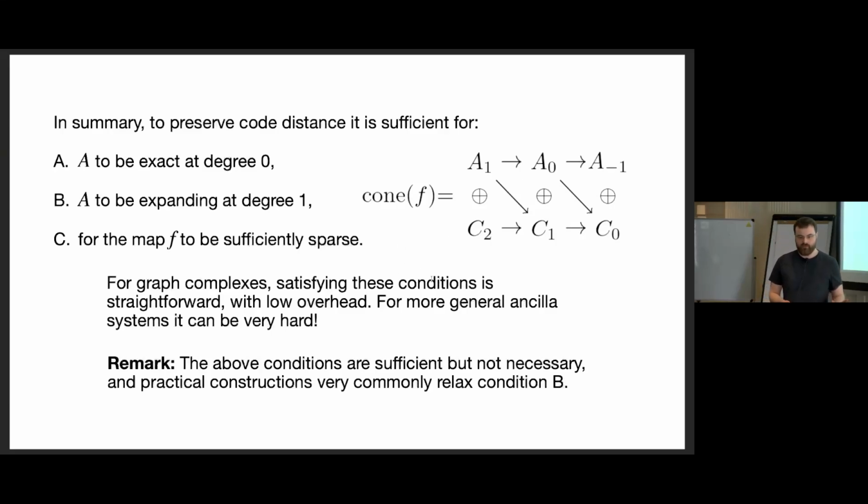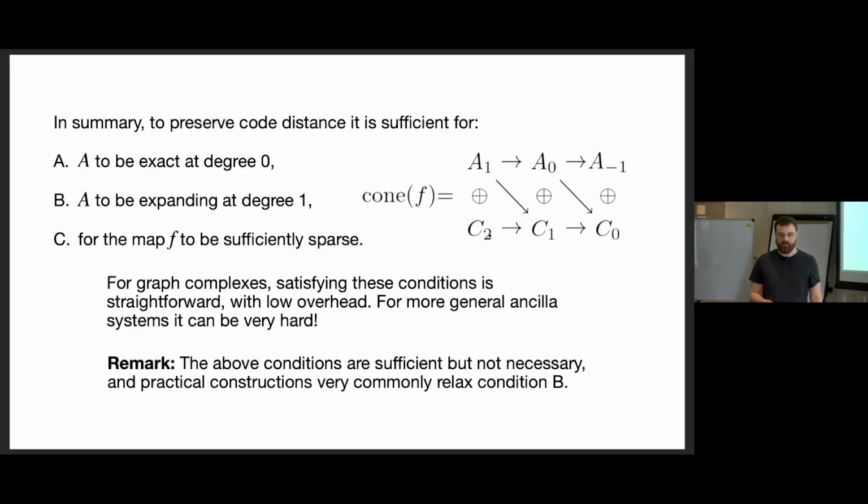Okay, and for graph complexes, happily satisfying these conditions is nice and easy because there are efficient randomized constructions of expander graphs, and there are many ways, like the decongestion lemma and similar ways of modifying it slightly, so that you can gauge out all the cycles and you don't introduce any new logical qubits.